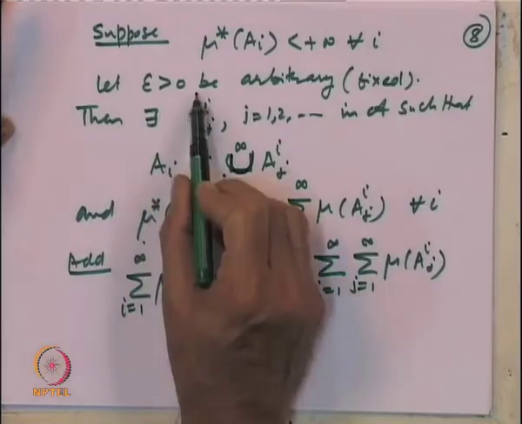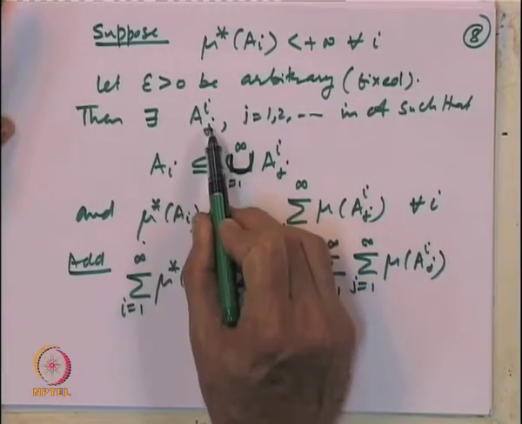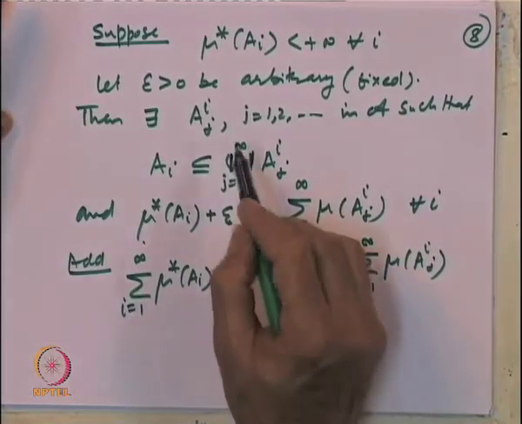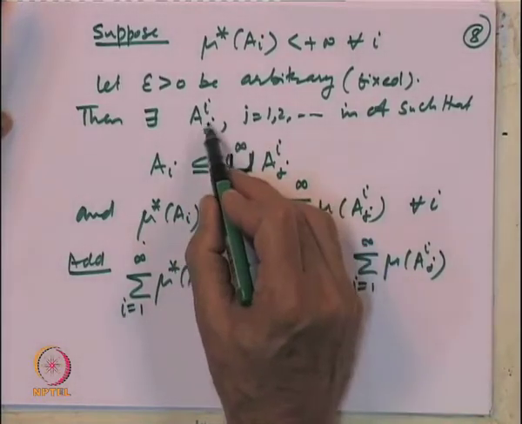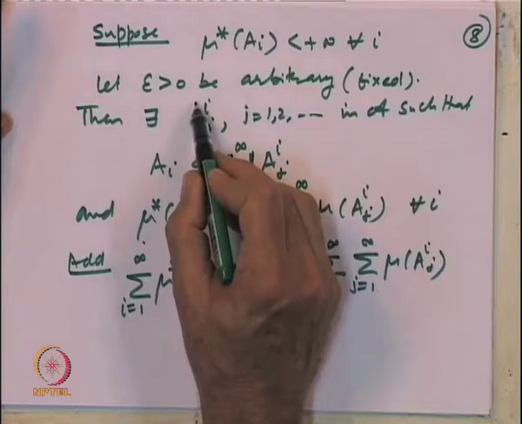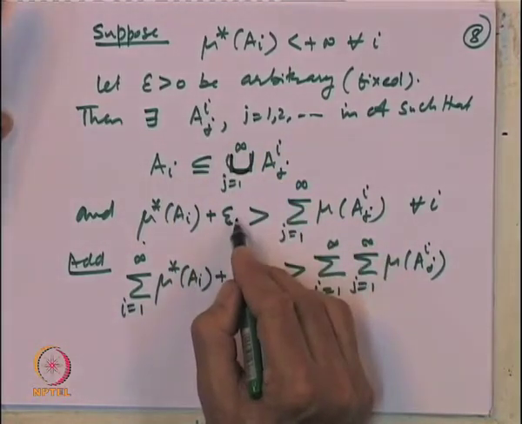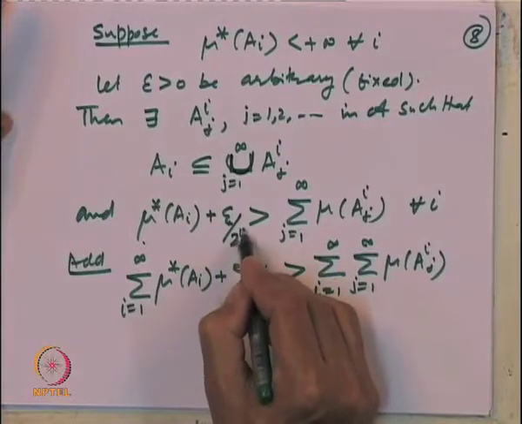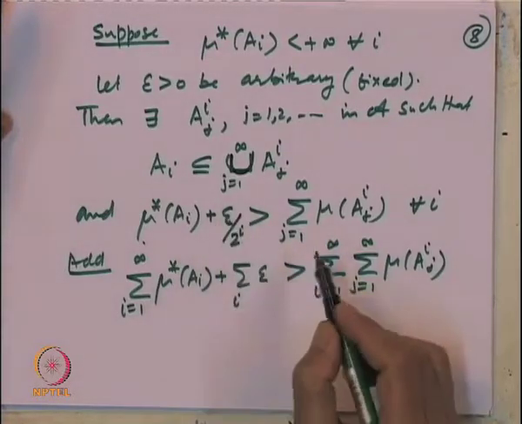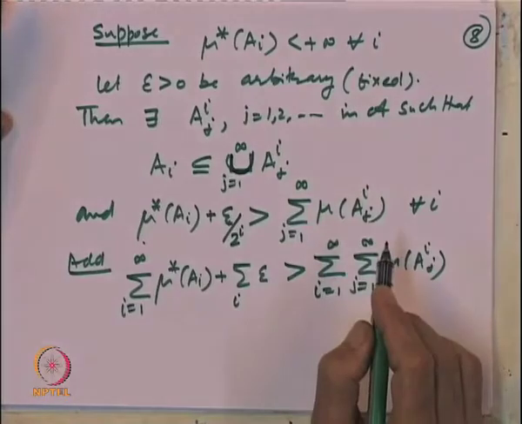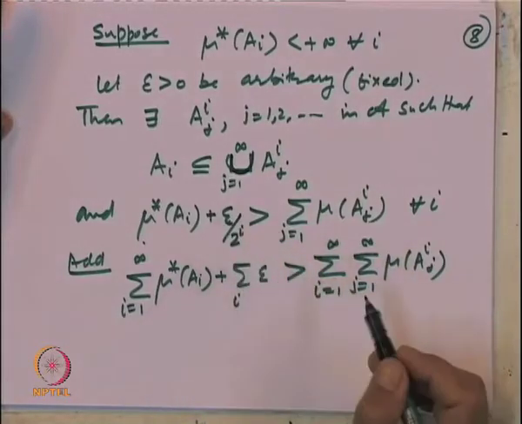So, given epsilon bigger than 0, this we can do for any epsilon. So, in particular, whenever you are looking at A_i, given epsilon, there should exist a covering such that we will refine it, we will make it 2 to the power i. So, we will change our epsilon, that is true for every epsilon. So, in particular it should be true for this.